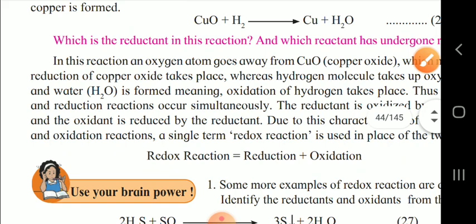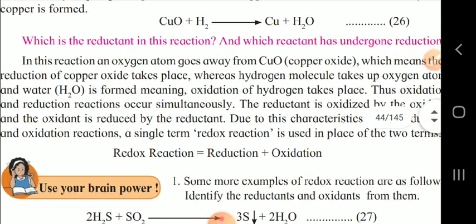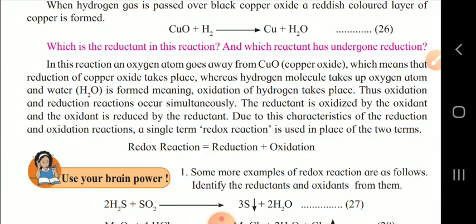Now we can see that here oxidation and reduction take place simultaneously. Why? Because from copper oxygen goes and hydrogen accepts the oxygen. That means hydrogen gets oxidized and copper gets reduced.